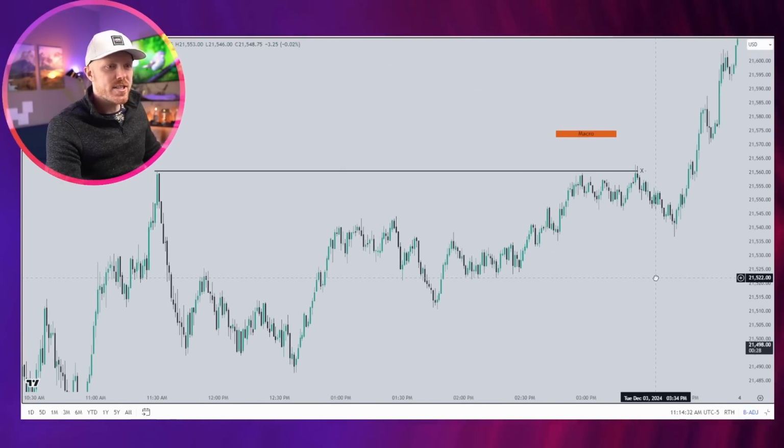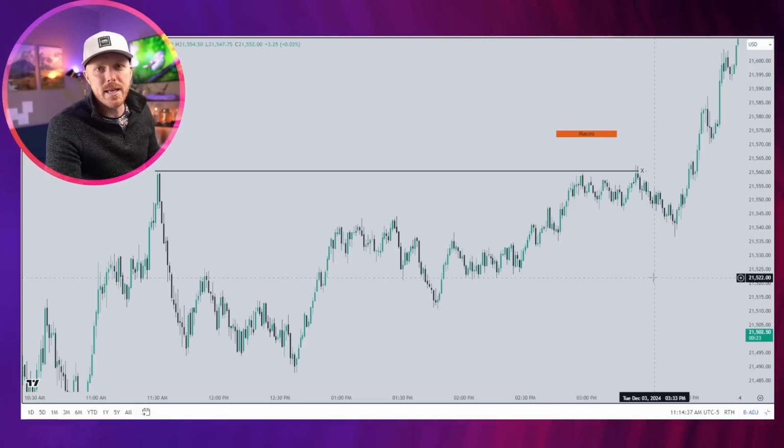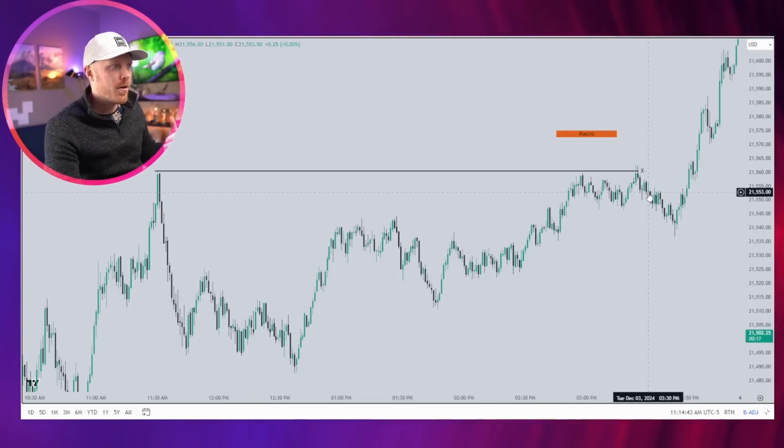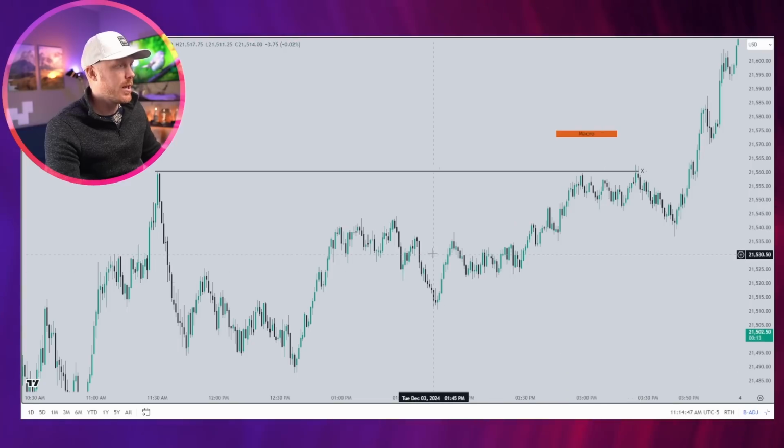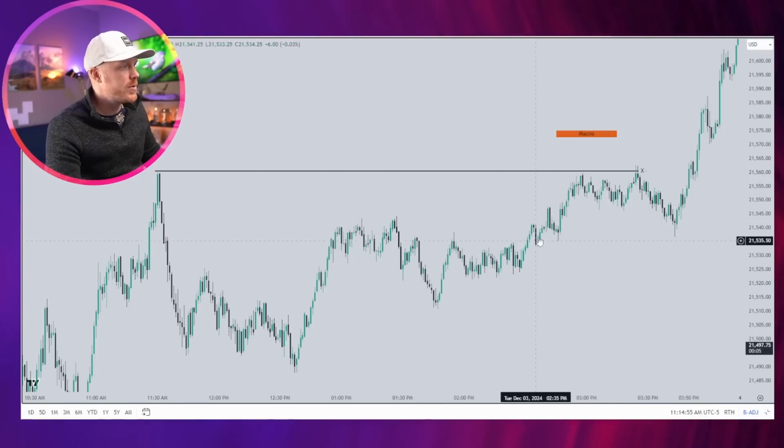Okay, here's another example of the high not taken during the macro period and then taken after, and then it moves higher. Again, multiple examples to give validity to this potential idea. So we see around the 2 p.m. macro, we don't see spooling of price. I would not call this spooling, but we do see it moving towards the high. But the high is not taken during the 3 p.m. macro.